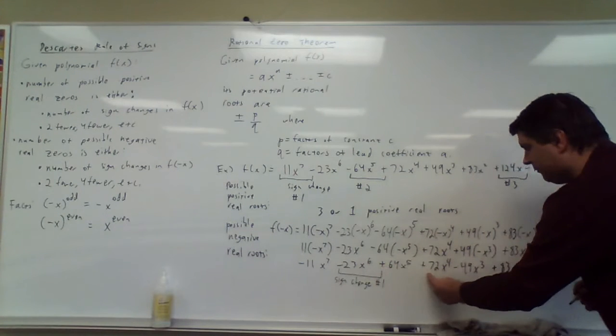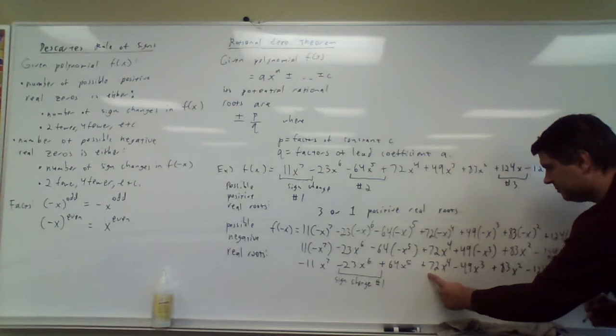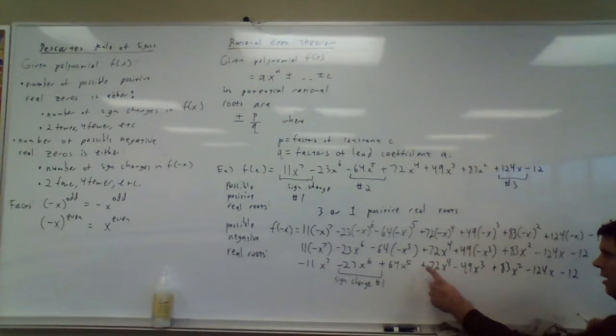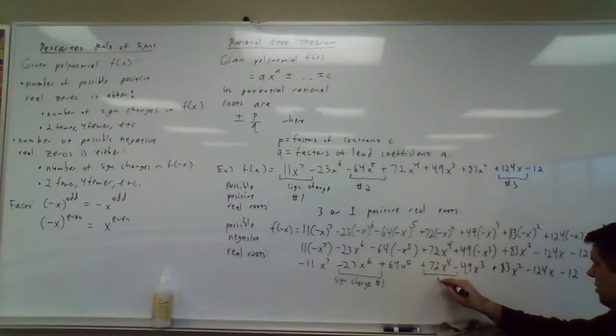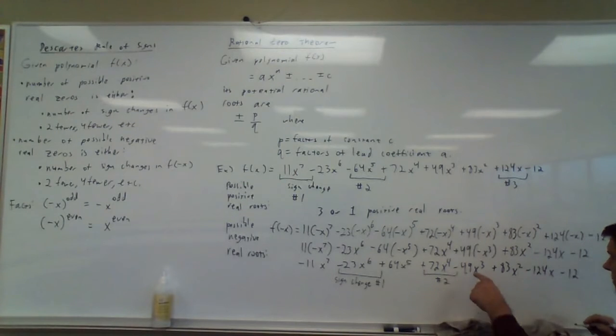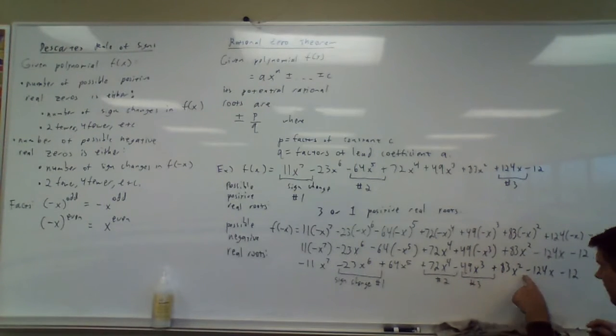Positive to positive, no change. Positive to negative, that's a sign change. So number 2, from negative to positive, that's a change. Okay, that's positive to negative, that's a change. Negative to negative is no change.